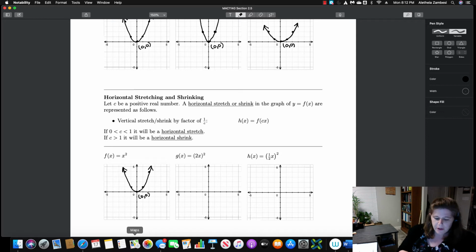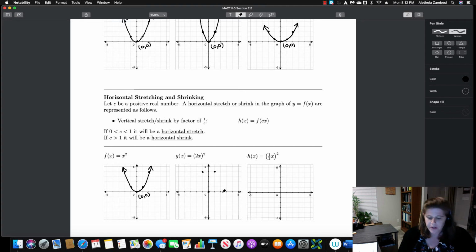Now, if I'm looking at g of x this time, before in the last one when we were vertically stretching, we put in 1 and got back 2. For this one, if I put in 1, my x is equal to 1, I multiply by 2, so I have 2, and then I square it. So I'm squaring the doubled version. That means I'm already at 4.